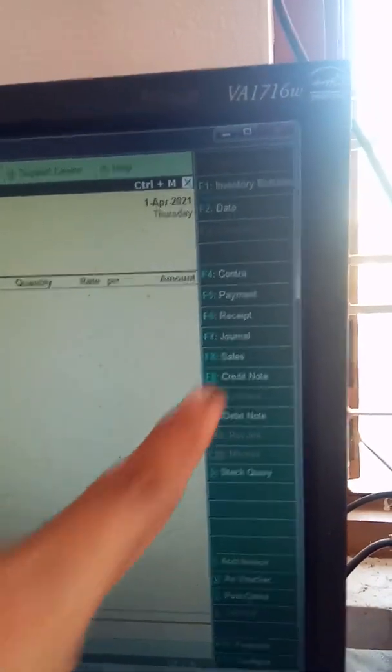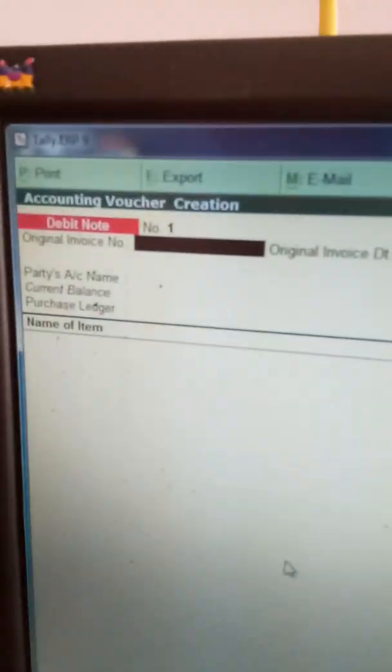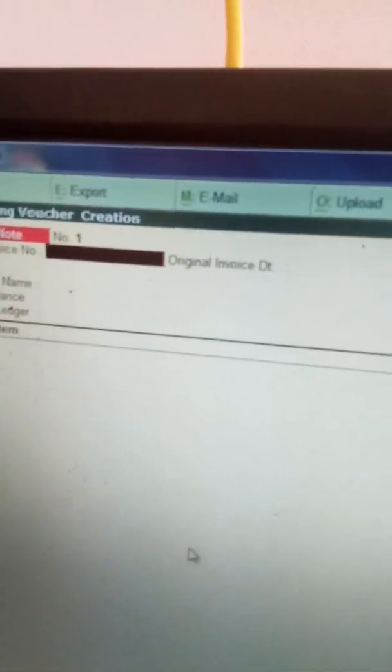This is highlighted. F8 credit note, F9 debit note. Okay. So if I press Control plus F9 at a time, definitely you are going to get a debit note. See, my dear students, debit note. You have seen? With your permission, I want to turn like this, my dear students.